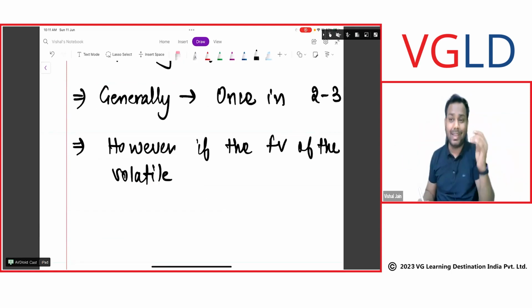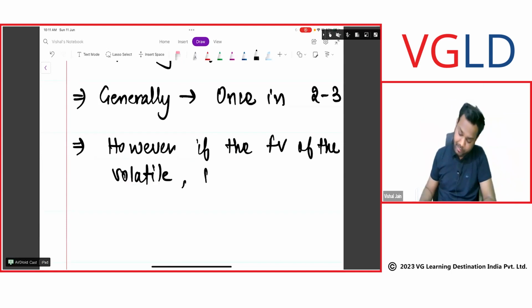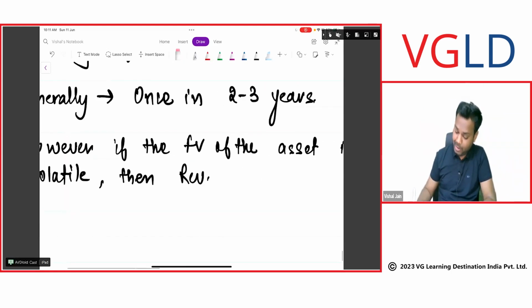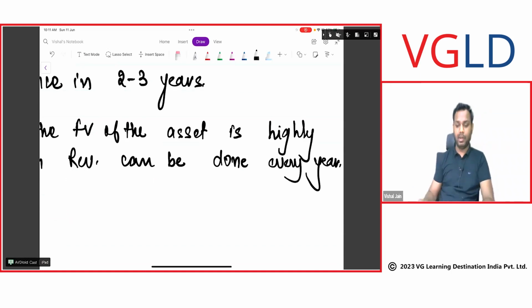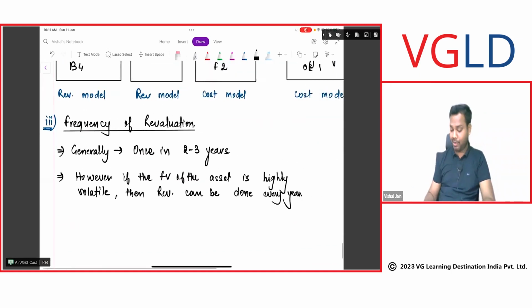Highly volatile means it changes every year. Then revaluation can be done every year. Now, can you please write it down?